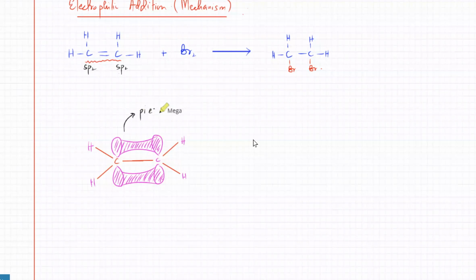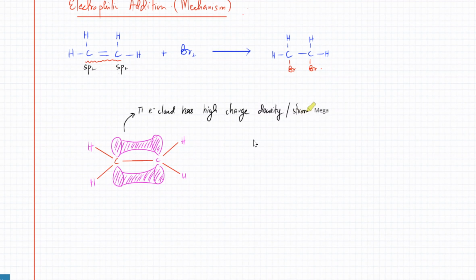So the pi electron cloud that you have has very high charge density, and it's got very strong polarizing power. So it's very strongly polarizing. I'm going to explain what that means.